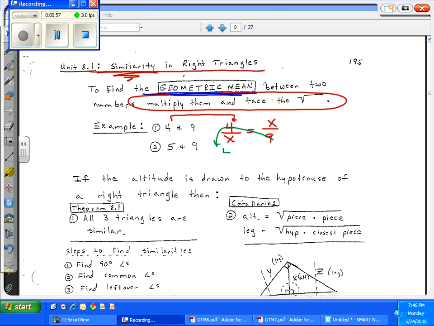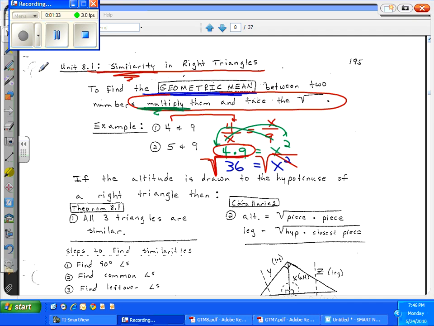To solve, you would cross multiply, you get the product of them. And then you're going to get rid of the square with the square root. And so what you end up doing is multiplying them and taking the square root.